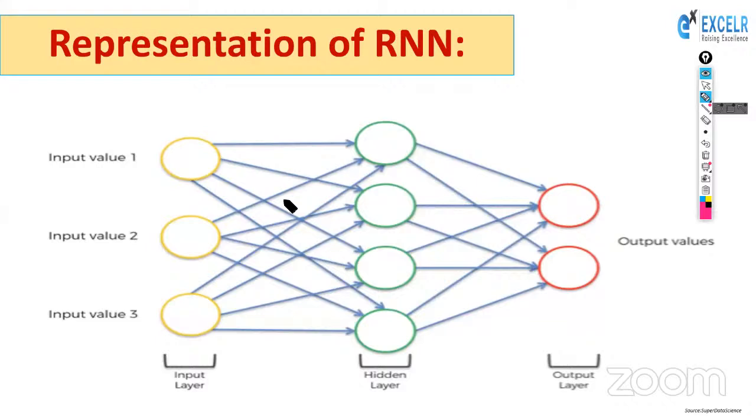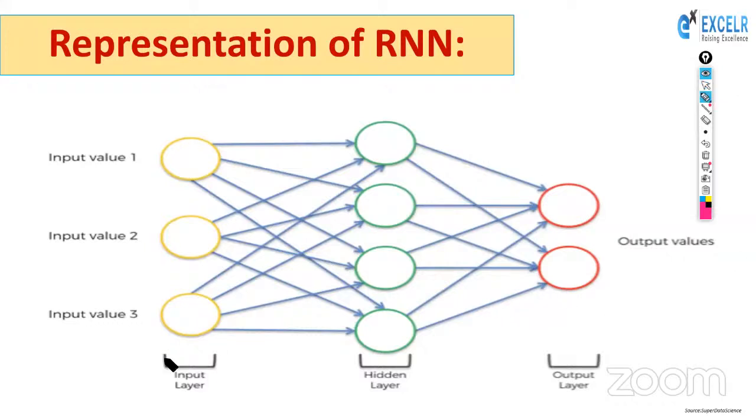Now, can you tell me how many hidden layers are there in this neural network architecture? Can you write down your answer in the comment section? No, it's not 4. I'm asking how many hidden layers are there? Exactly, it's 1.